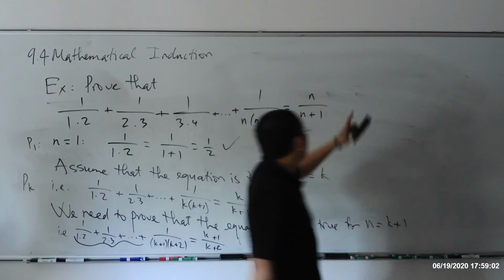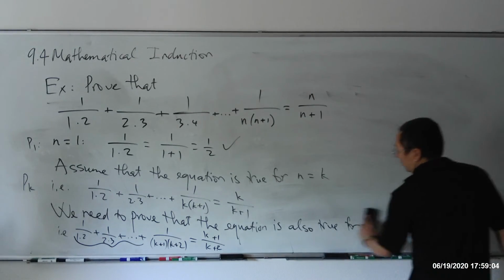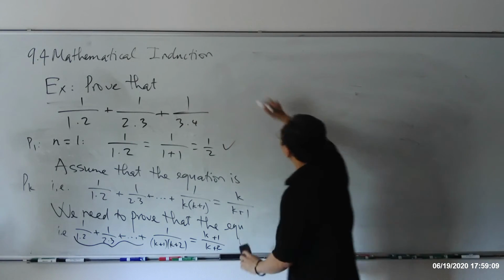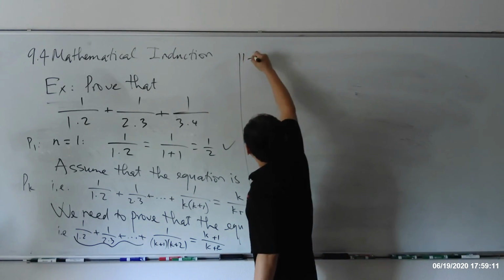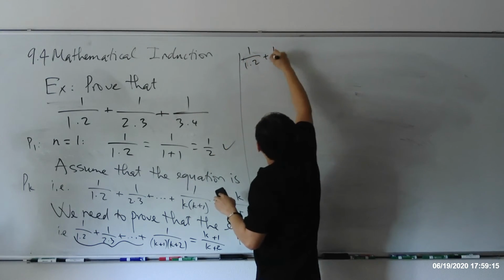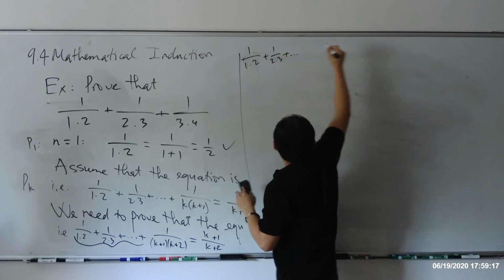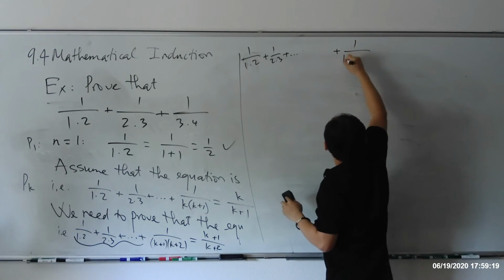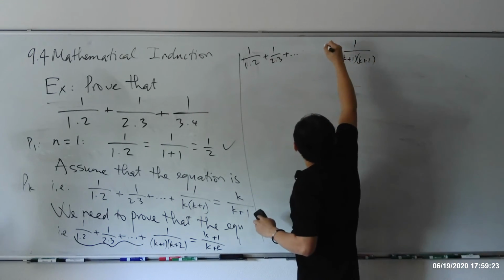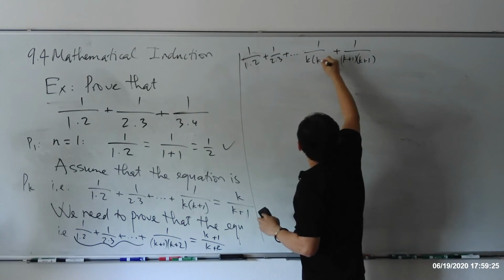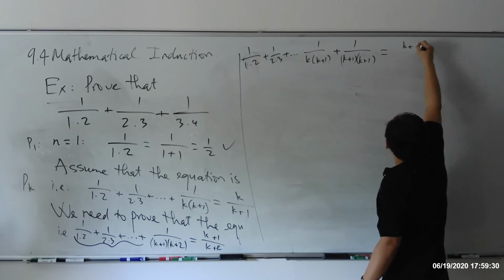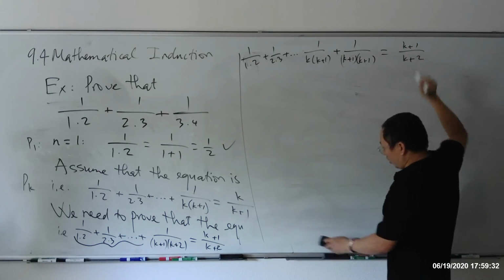I already have room, so I'm going to write it here on the right hand side. 1 over 1 times 2 plus 1 over 2 times 3 plus the last term is 1 over k plus 1 times k plus 2. So the previous fraction will be 1 over k times k plus 1. Okay? And hopefully it's equal to k plus 1 over k plus 2. We hope that happens. We don't have it yet.